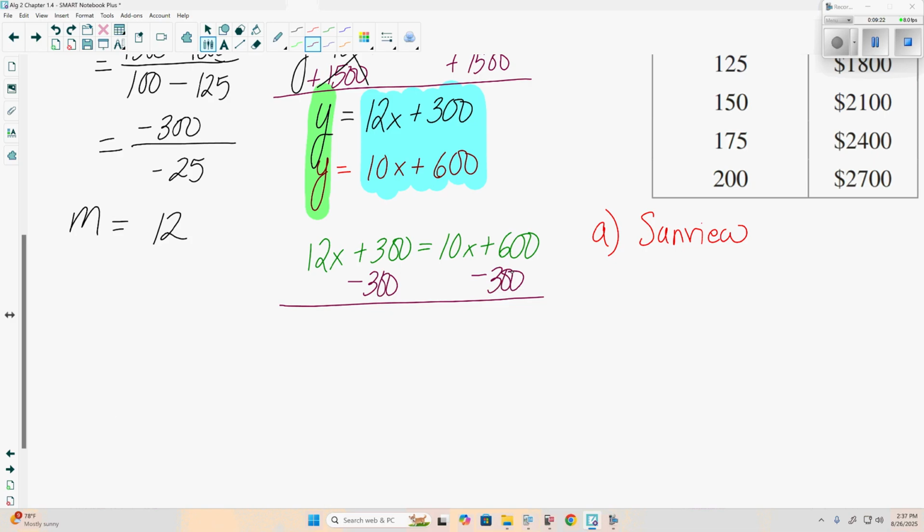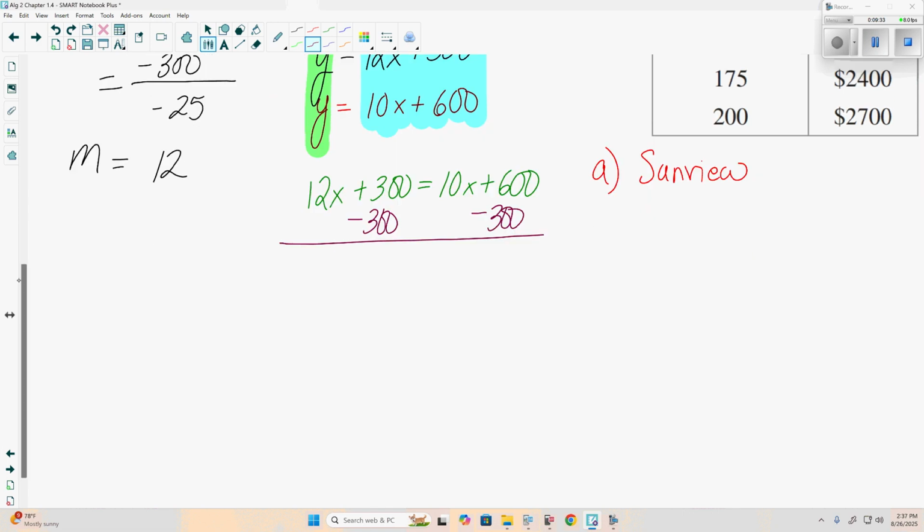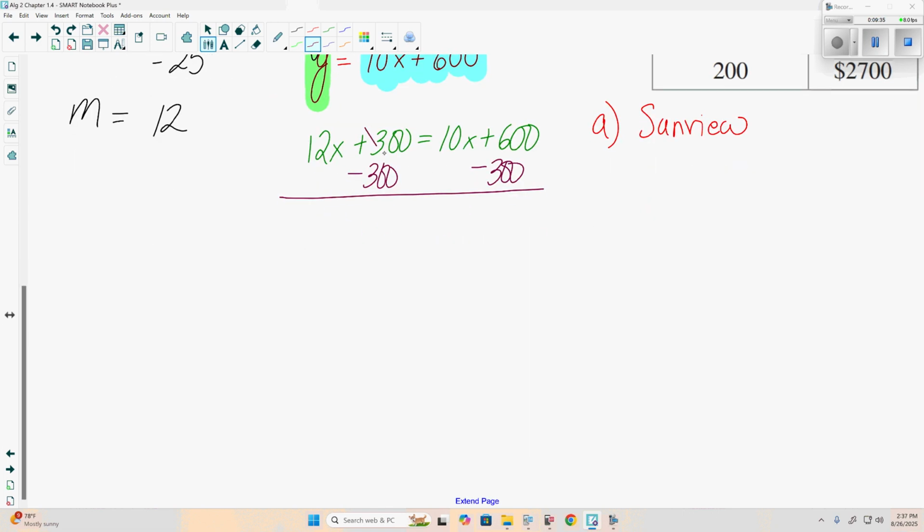We could have also subtracted 10x or 12x from both sides. We have to pick one to do first. So here we're going to subtract 300 from both sides. On the left-hand side, 300 minus 300 would be 0, leaving us with 12x. On the right-hand side, we still have the 10x, but 600 minus 300 is going to be positive 300.